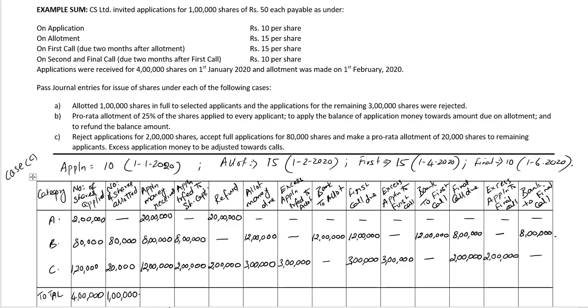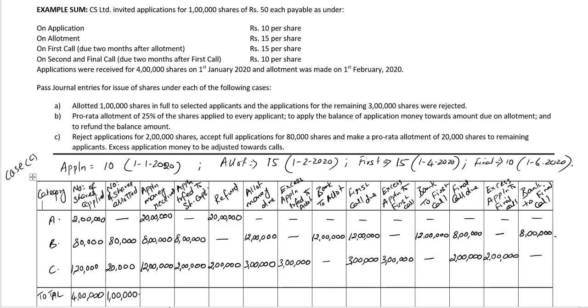So the application money received 12 lakh. The amount transferred to share capital will be 2 lakh. The amount refunded is 2 lakh. Amount transferred from application to allotment is 3 lakh. Amount transferred to first call is 3 lakh.